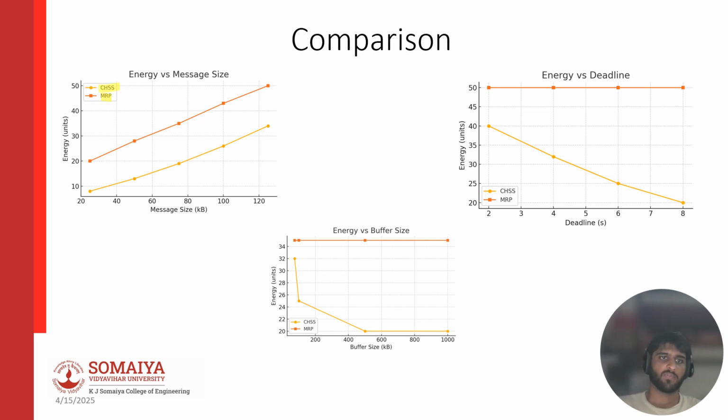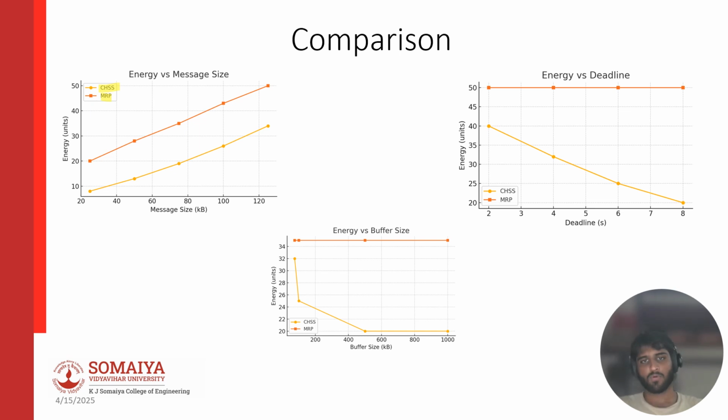And HSS, for that matter, is a balanced metric. As you can see, your energy for MRP is way higher than your HSS algorithm. Well, because again, one keeps speed as its primary focus, and the other one keeps efficiency.